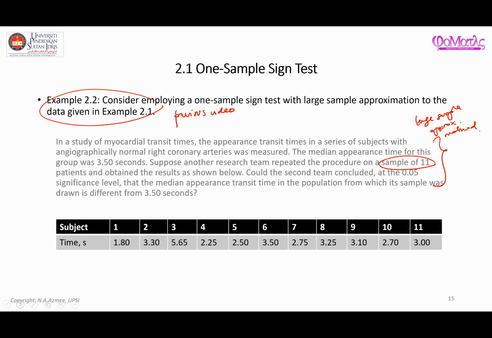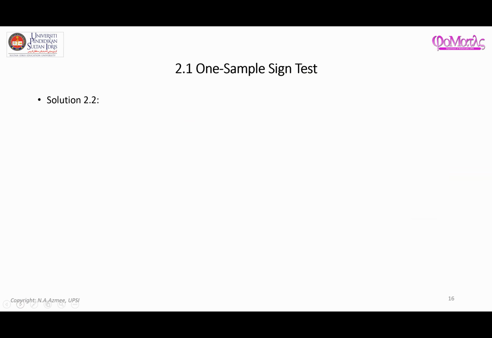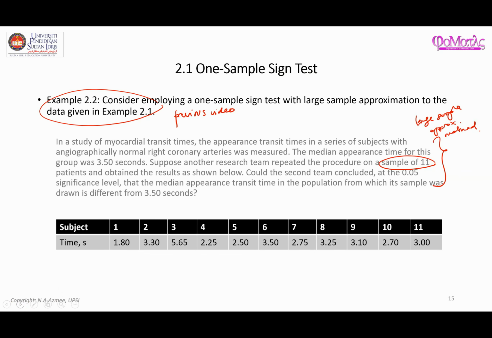So we are going to start off with the process, the first step, which is formulating the null and alternative hypotheses. According to the question given, it says, can you conclude at 0.05 significance level that the median appearance transit time in the population from which the sample was drawn is different from 3.5 seconds?